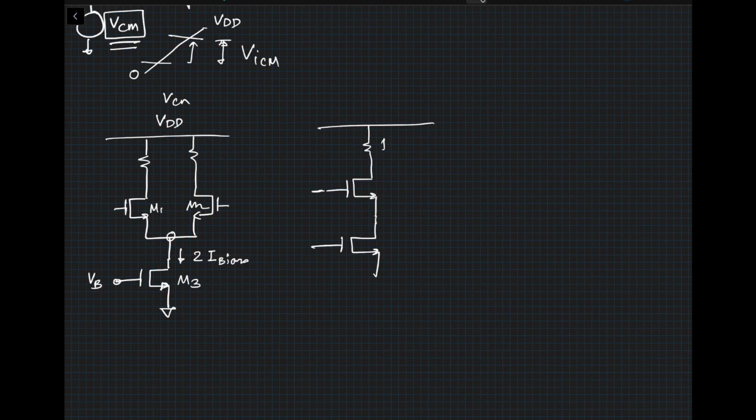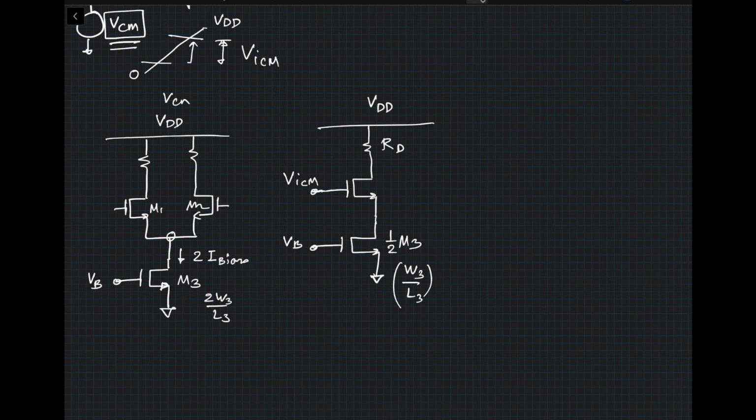So this is your resistor, let's call it RD. This will be half of M3. Originally if the M3 size is 2W3 by 2L3, then this would be W3 by L3, the size of half the device, right? Imagine I'm applying an input voltage VICM at the input, and this is our V bias. What is the maximum VICM that I can have, as well as the minimum VICM that I can have?